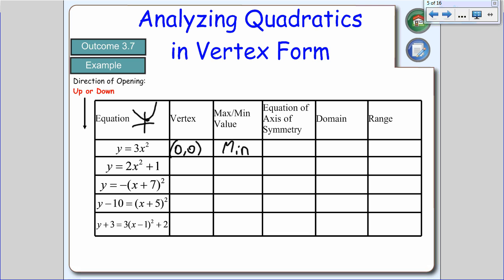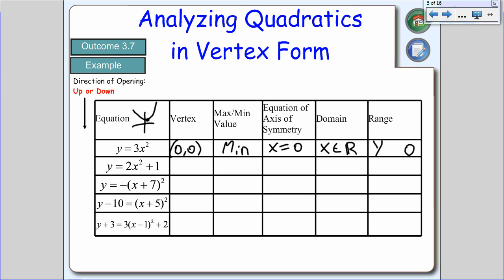Axis of symmetry is always, it's 0. It's the x value of your vertex. Domain, always x is an element of the reals. Your range is going to be y is something, then 0. And the 0 came from your y value of your vertex.